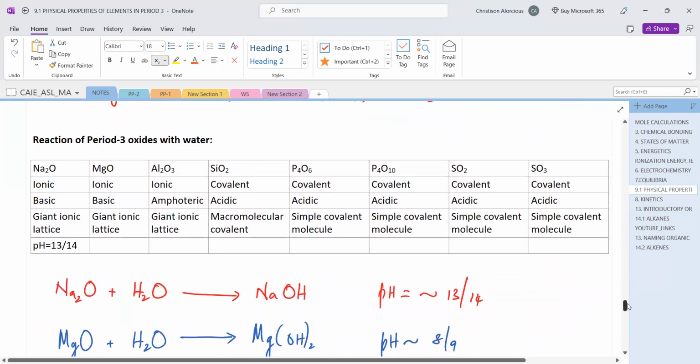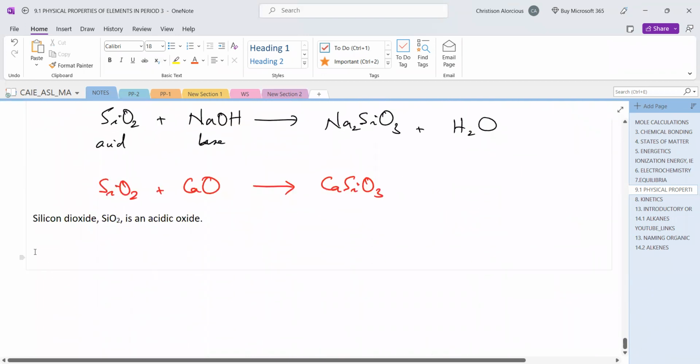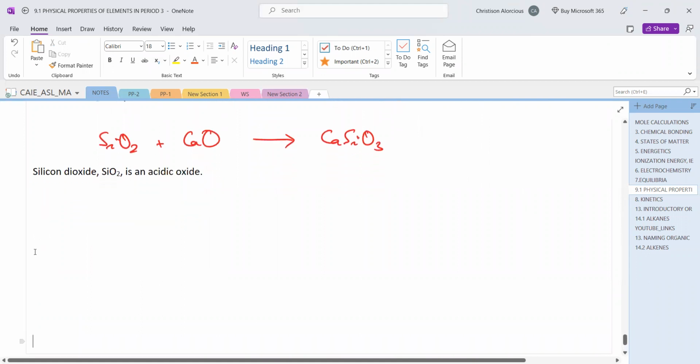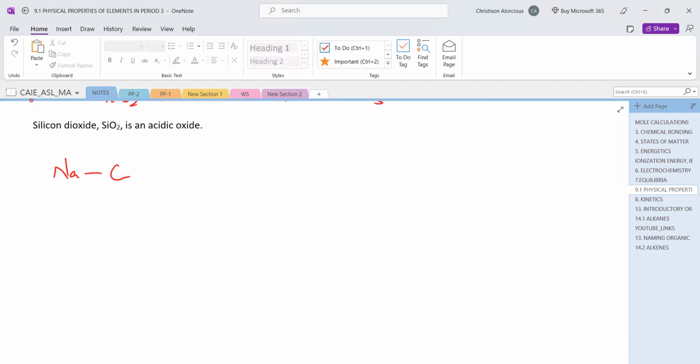Now, why? If you look at it, the oxygen is the same. The bonds are between sodium and oxygen, magnesium and oxygen, aluminium and oxygen. I'm technically making a mistake here because I'm drawing it as if it's a covalent bond. It's not, it's a bit more complicated than that.